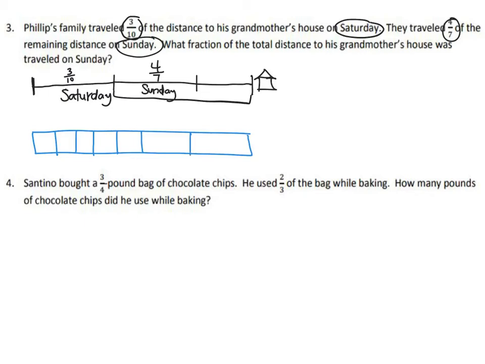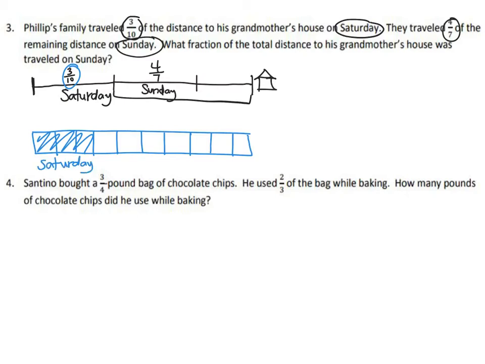On the other side, we're going to take out a chunk in the middle and split it into fifths. Now I have 1, 2, 3, 4, 5, 6, 7, 8, 9, 10. All right, so we know that on Saturday, they went 3 of those tenths. 1, 2, 3. There's Saturday.